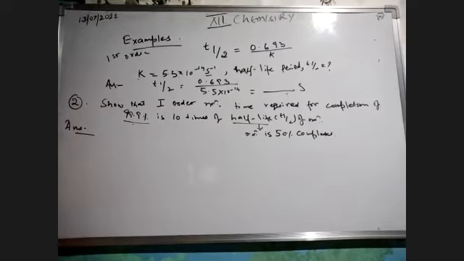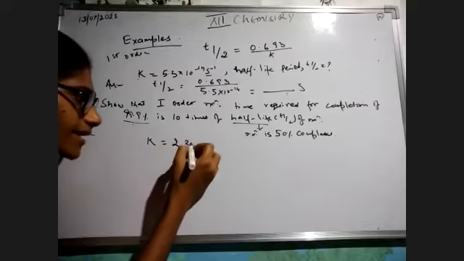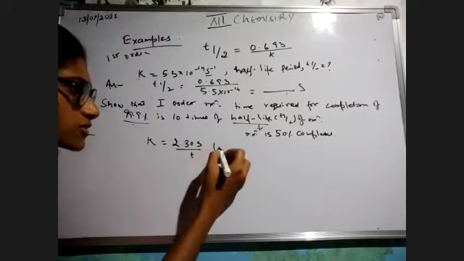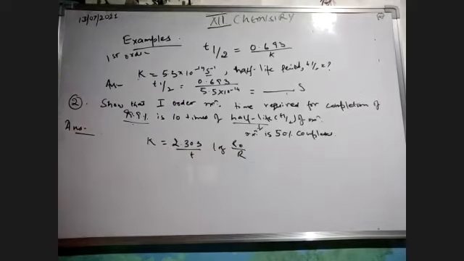The question asks us to work with two different types of reactions. Okay, first of all, as we have two different concentrations, we can easily write the formula 2.303 log R naught by R. Okay, now the point is, how do we write 99.9%?